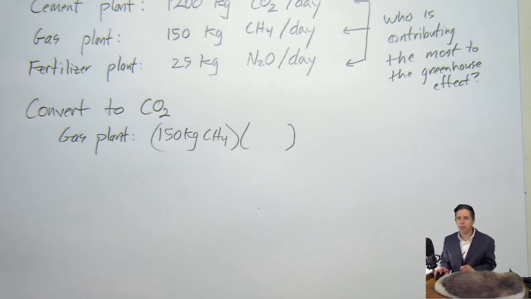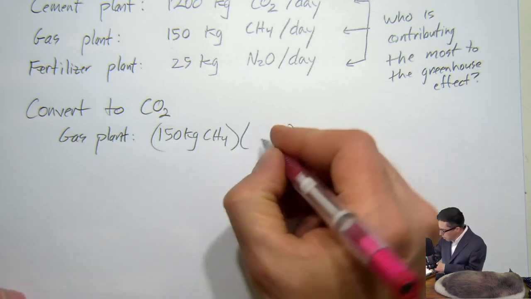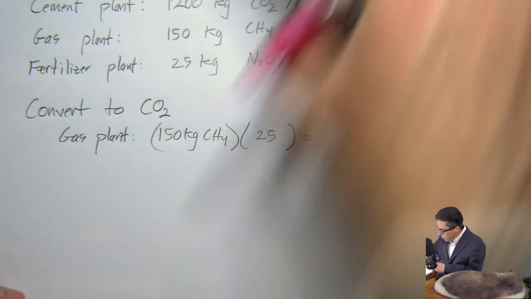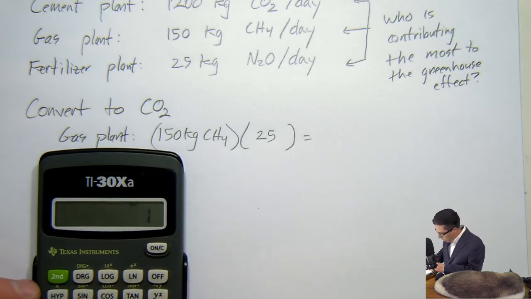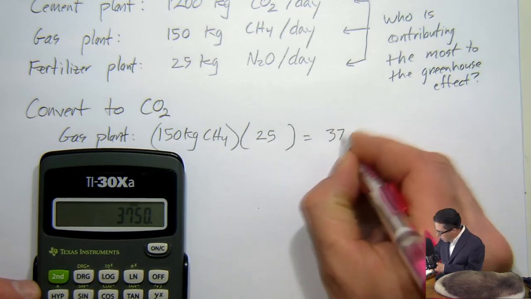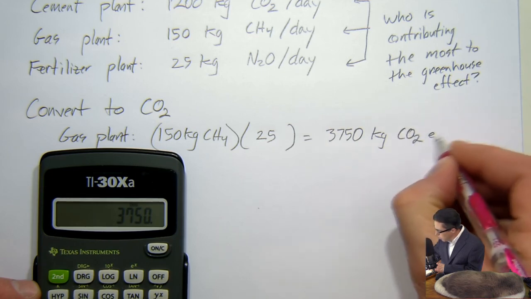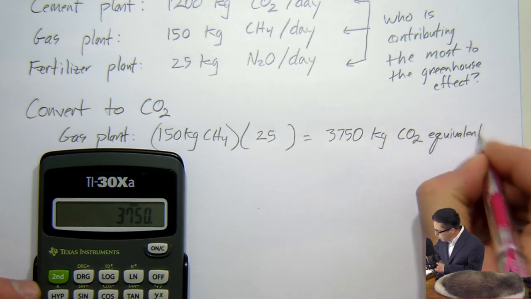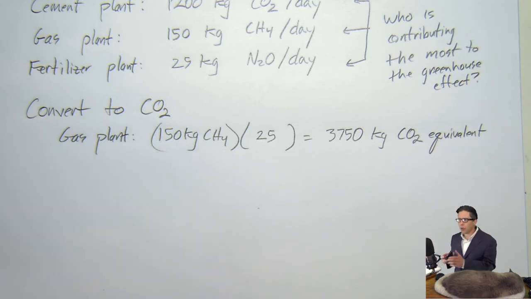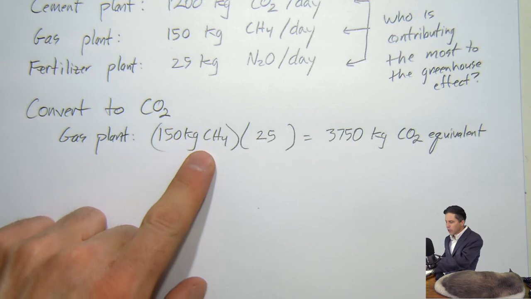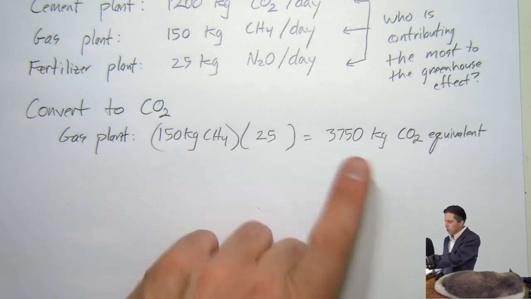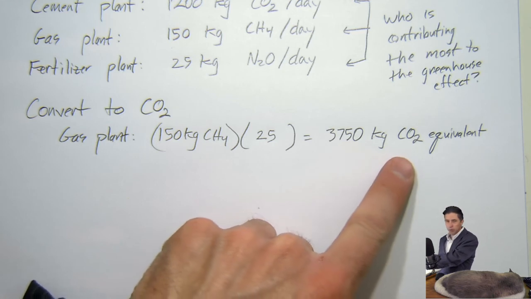The global warming potential of methane, CH4, is 25. One molecule of CH4 is worth 25 CO2s. So 150 times 25 gives me 3,750 kilograms of CO2 equivalent. That 150 kilograms of CH4 is the same amount of global warming potential as 3,750 kilograms of CO2.